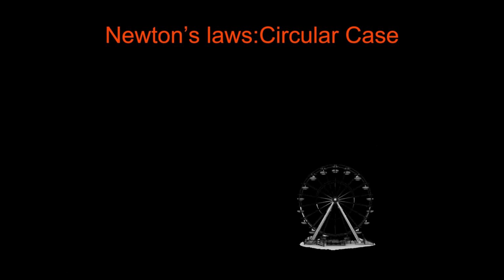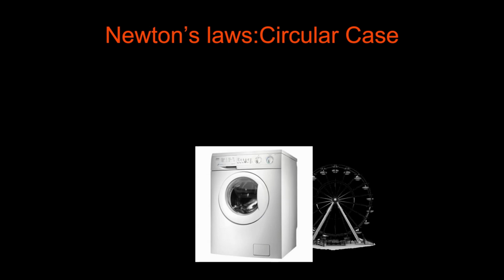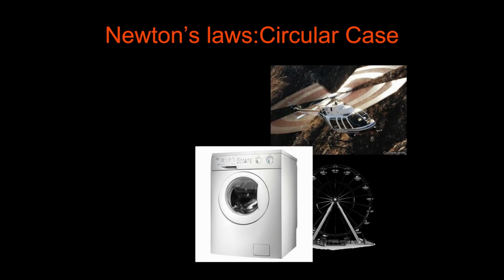So where can we actually apply the circular case of Newton's laws? Well, Ferris wheels are one. The rotating drum of a washing machine. Helicopters, a little more exciting than washing machines. And a helicopter is a great example if you think about it in terms of angular and physical displacement, and then look at the blades. So take this blade and think about the angular displacement here. Every single point along this blade will have the same angular displacement.